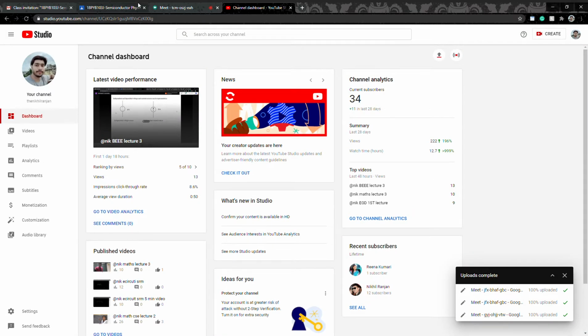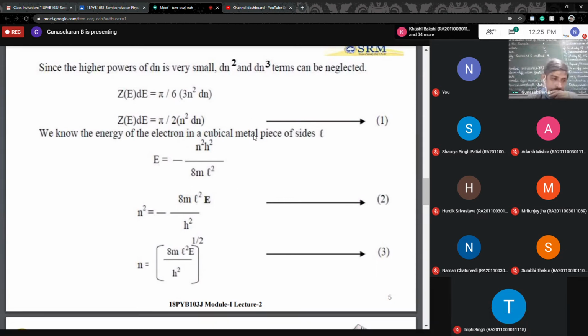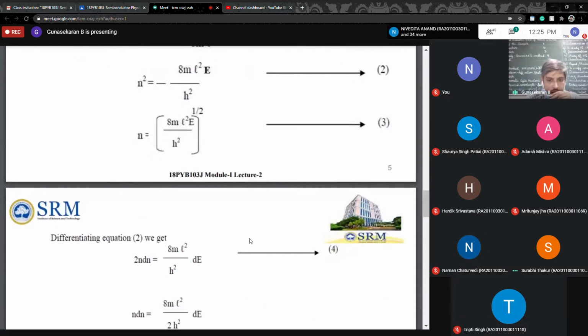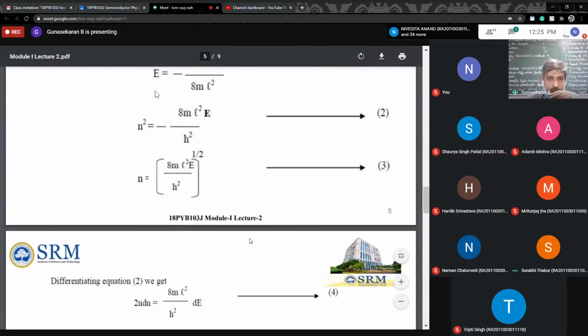So if we take the differentiation here, my left hand side is dn. What about the right hand side? 1 by 2 E to the power minus 1 by 2. Now for example, here I am going to differentiate equation 2, that n square.